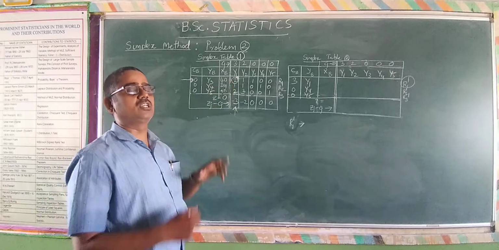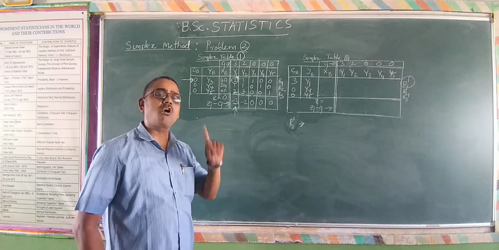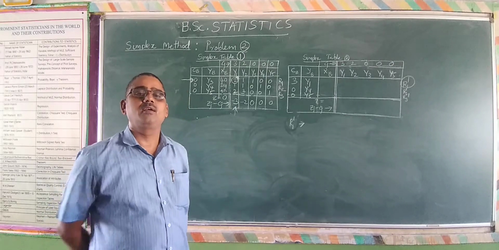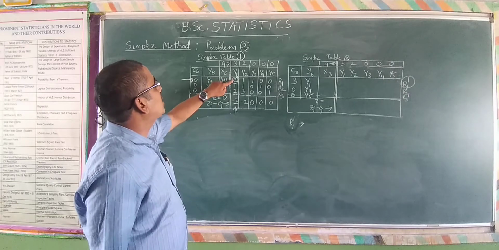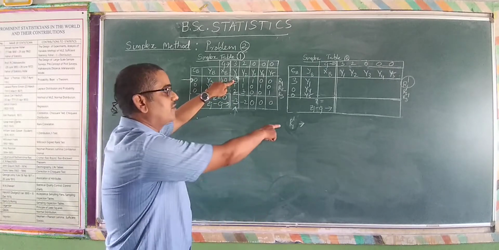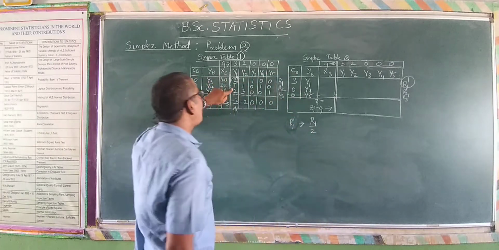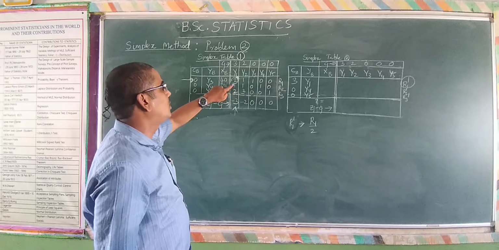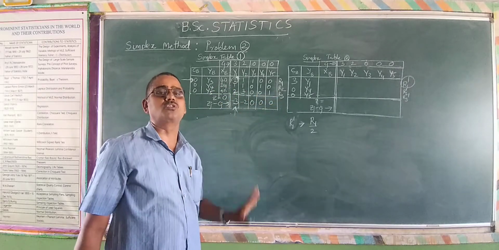Row operations are based on two important things: convert the leading element to unity, and all other elements to zeros. So you have to convert the leading element 2 to unity, which means dividing by 2, that is R1 divided by 2. And the other elements, 1 in R2 and 2 in R3, you have to convert to zeros.